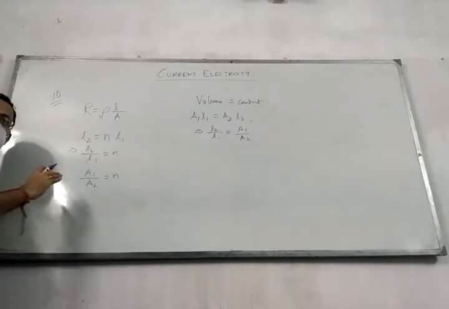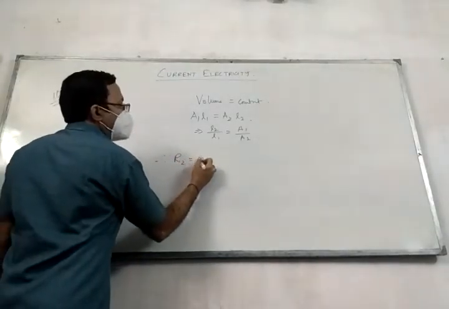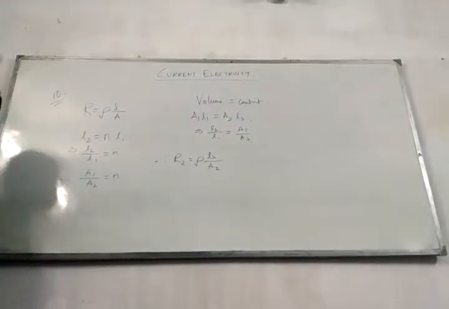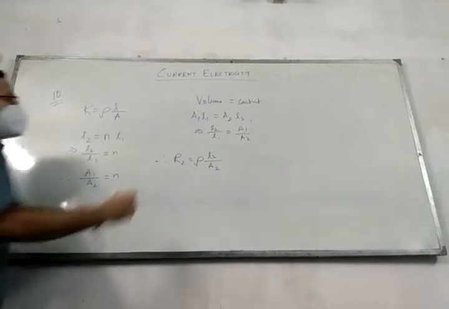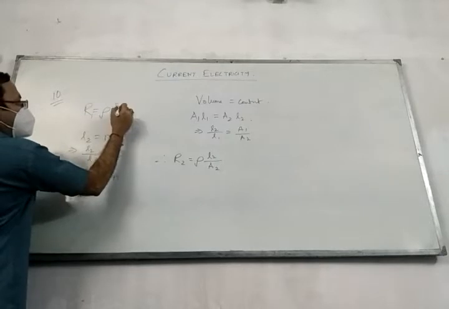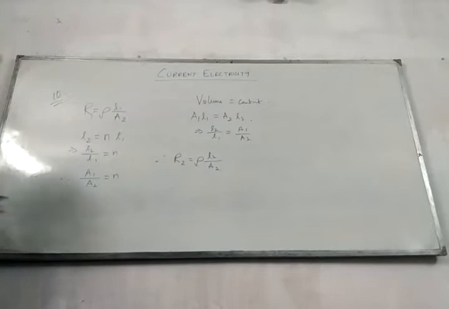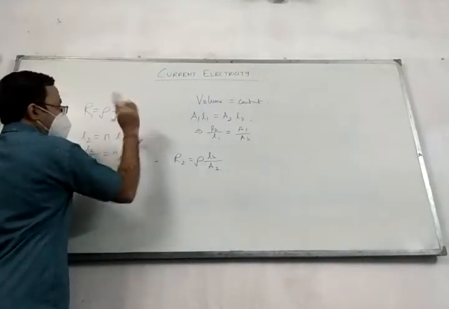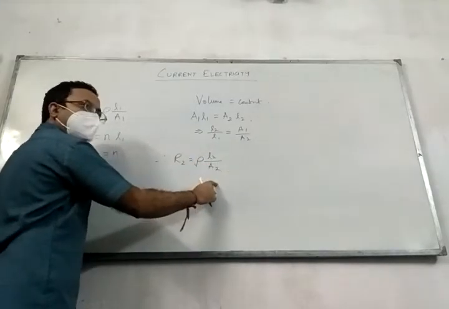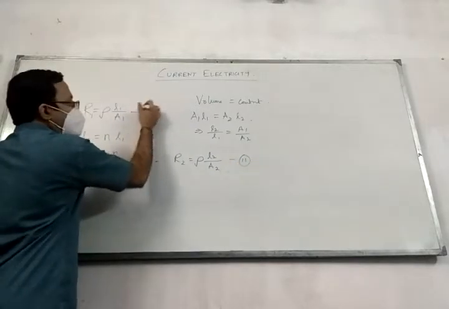Therefore R2 equal to rho L2 by A2, হ্যাঁ না তাহলে। আচ্ছা এখানে আগে একটা জিনিস ছোট্ট ভুল করেছি, সেটা হচ্ছে একটু সাবস্ক্রিপ্ট করে দিতে হবে। ম্যাটেরিয়ালটা সেম থাকছে, rho will remain same. R1 equals rho L1 by A1, R2 equals rho L2 by A2, correct? তাহলে যদি ডিভাইড করে দিই R2 by R1, what do I get?